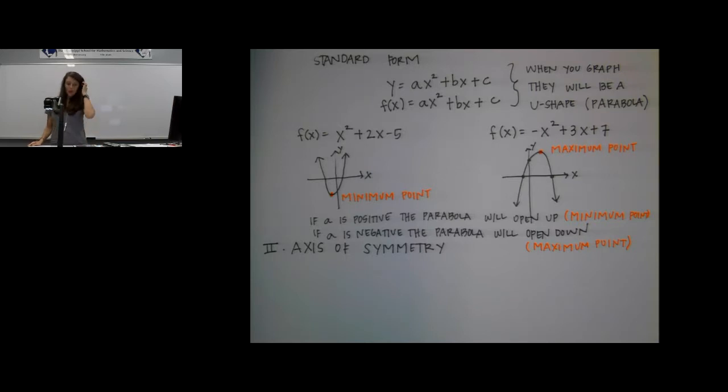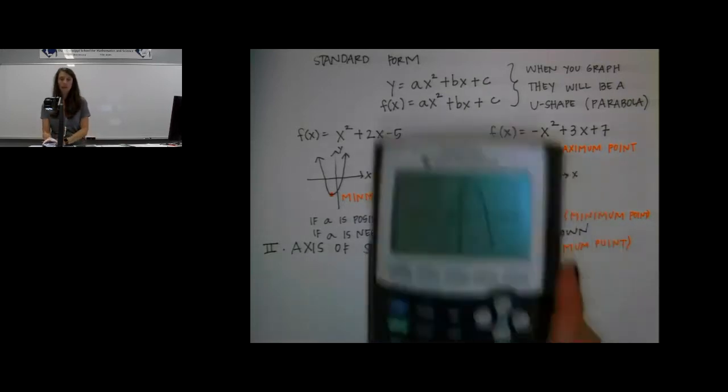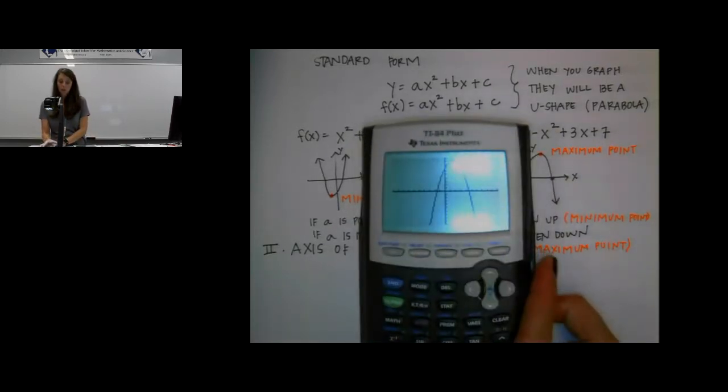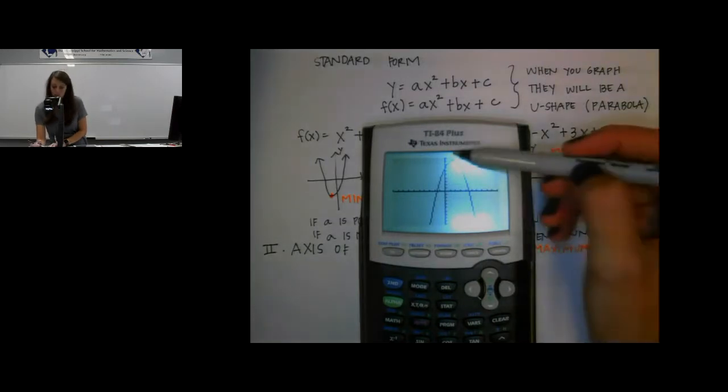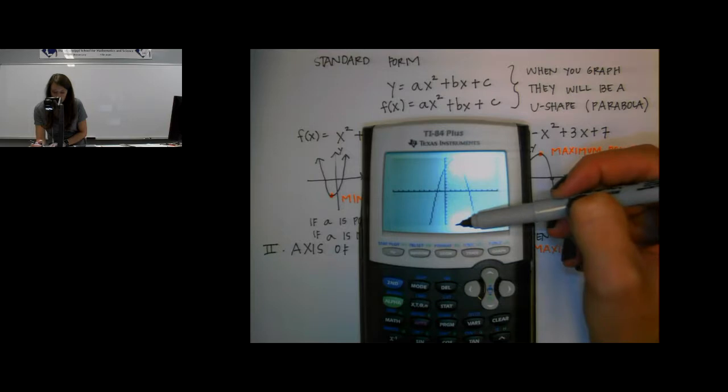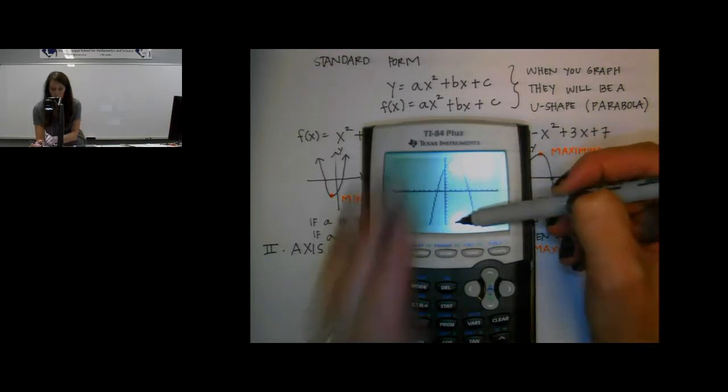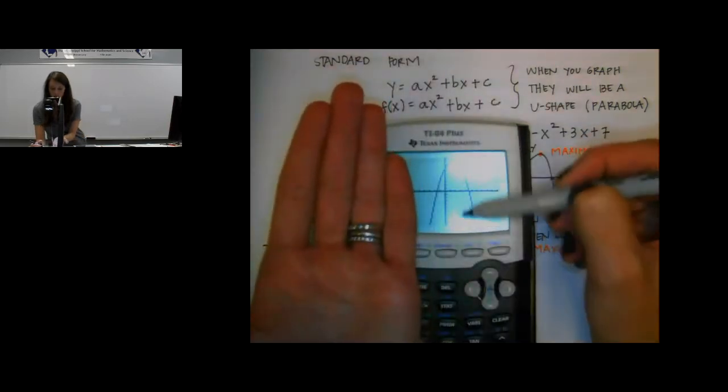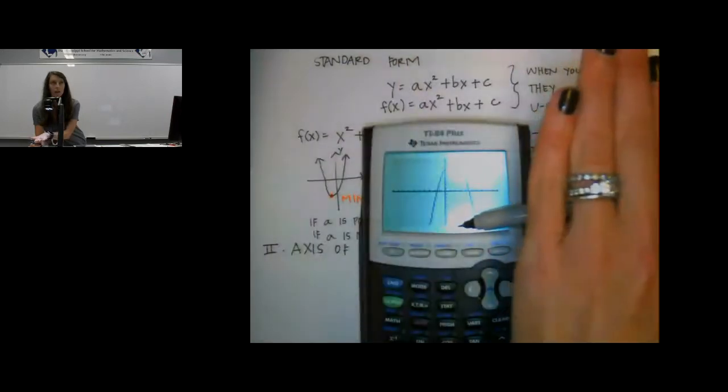Okay, so the next thing that we're going to talk about is an axis of symmetry. So let's go back to the calculator because you can kind of see it a little bit better right here. What is happening right here? If I was to draw a straight line right through here, does the graph look the same on the left side of that line and the right side of that line?